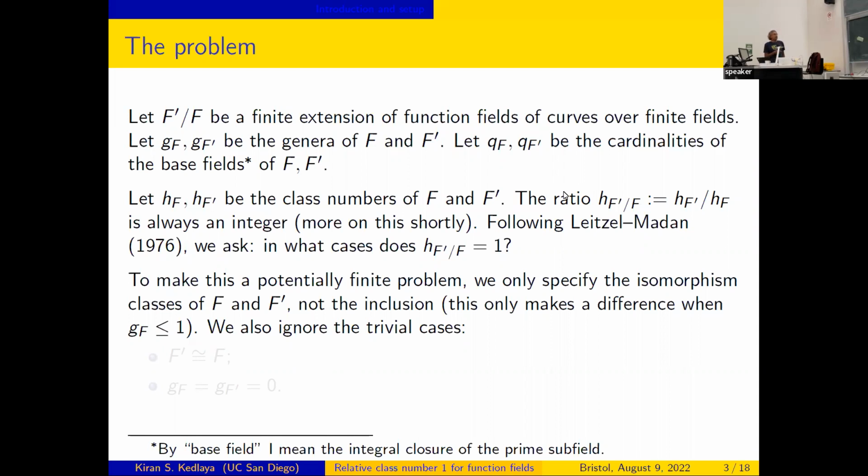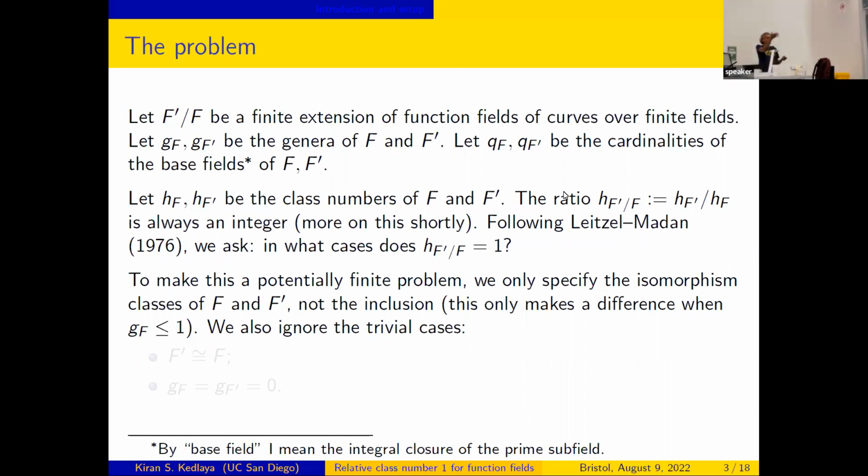One is that if the genus of F is too small, then you might be able to have a given pair of fields with lots of different inclusion maps between them. Like if you have a genus 0 function field or a genus 1 function field on the bottom, any two maps between the same fields will give you the same relative class number, because it doesn't depend on the map, just on the top and the bottom.